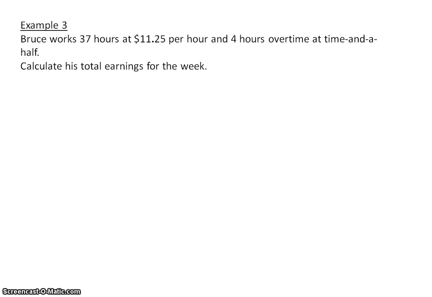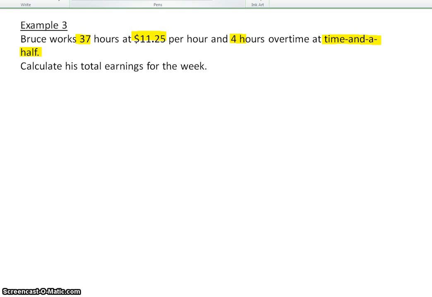For our next question, underlining the key points from this question. Our key points are about Bruce. Bruce works 37 hours at $11.25 per hour. He does 4 hours overtime at time and a half. Calculate his total earnings for the week.